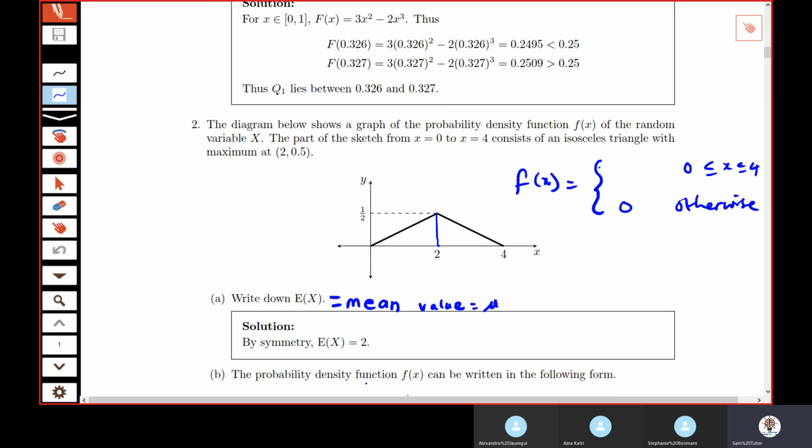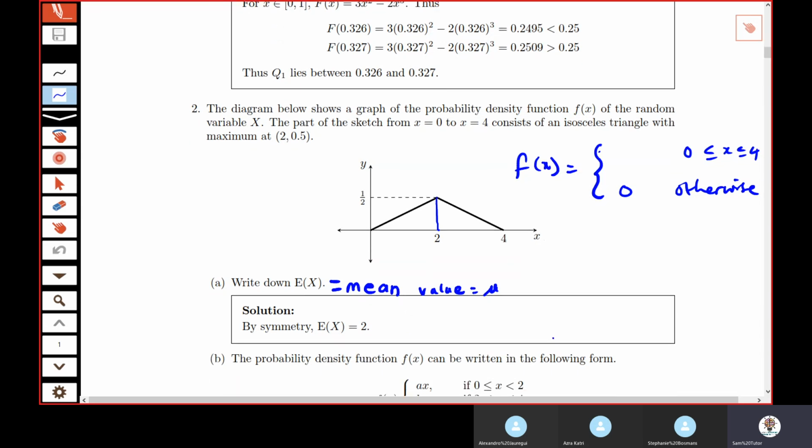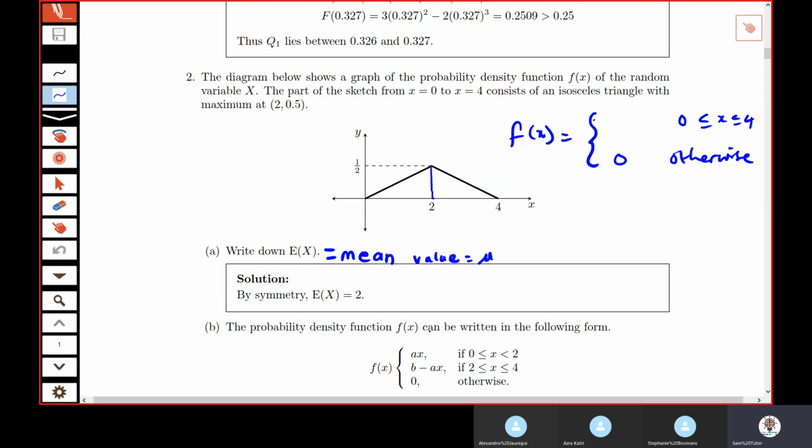The probability density function can be written in the following form. So I've gone from 0 to 2, sorry, I wasn't meant to rub that out, from 0 to 2, and from 2 to 4. We're not including that one.